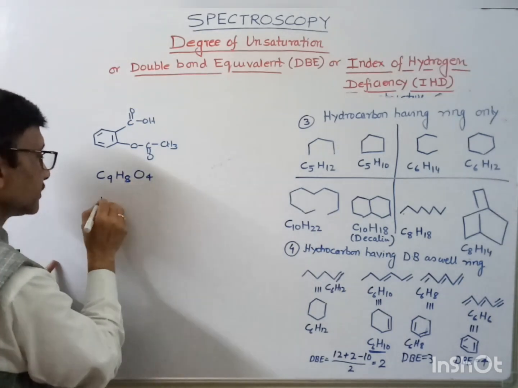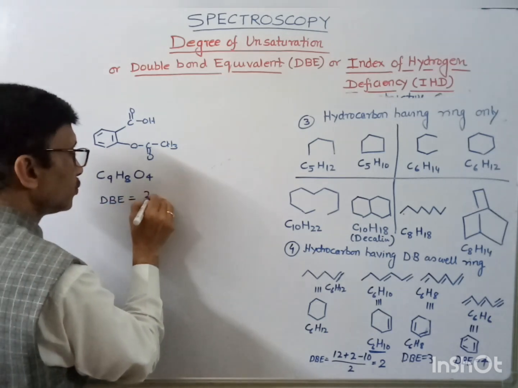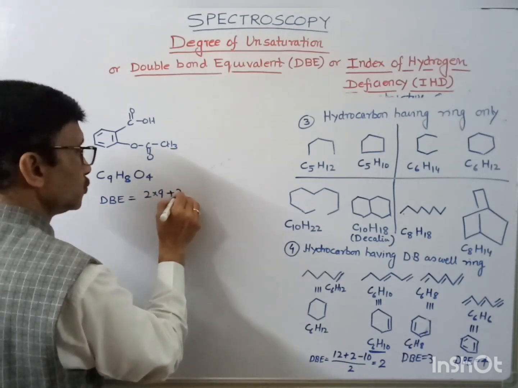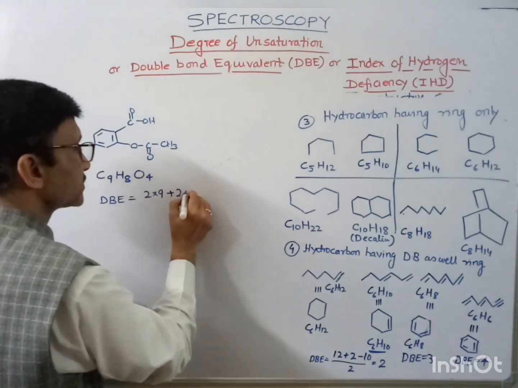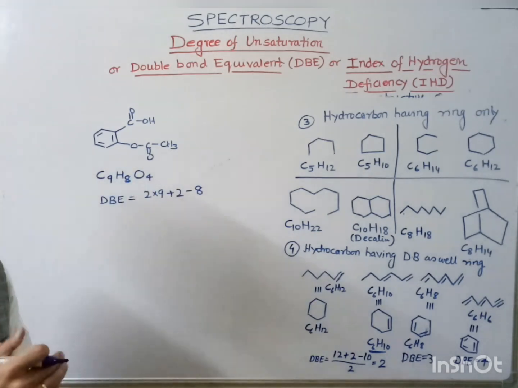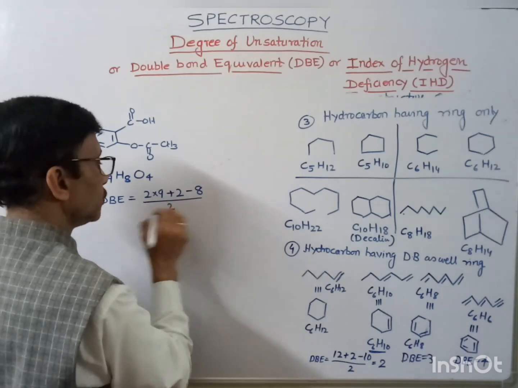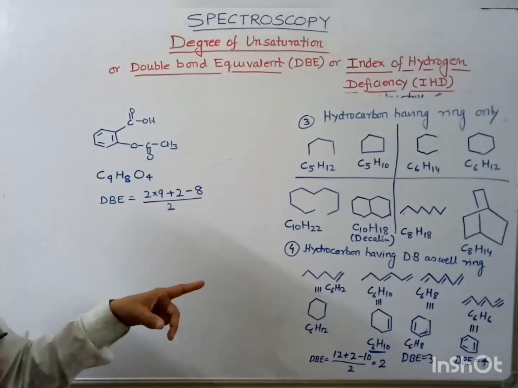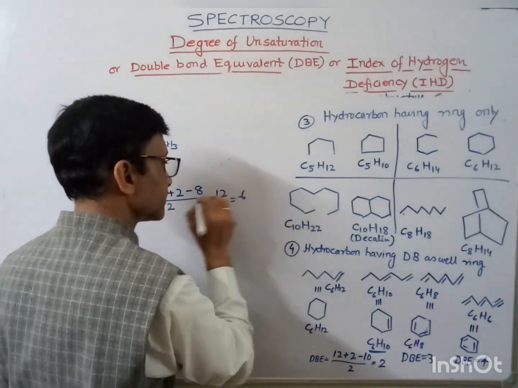If you are determining the DBE value, it comes out to be (2 multiplied by 9, plus 2, no nitrogen atom is present, minus 8 hydrogen atoms, and oxygen is not present in the DBE formula), divided by 2. So 18 plus 2 is 20, 20 minus 8 is 12, and 12 divided by 2 is 6.